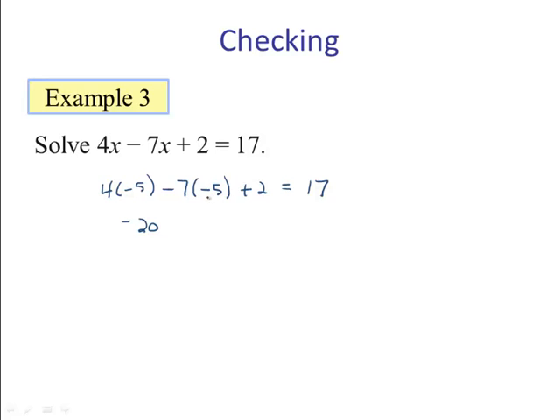We can think of this as negative 7 times negative 5, which is positive 35, plus 2. Does that equal 17? Negative 20 plus 35 is 15, plus 2, and we know that equals 17. So 17 equals 17. The left hand side equals the right hand side.